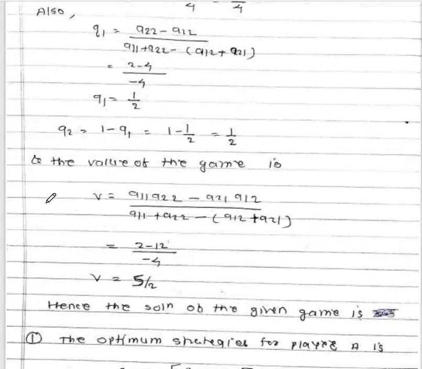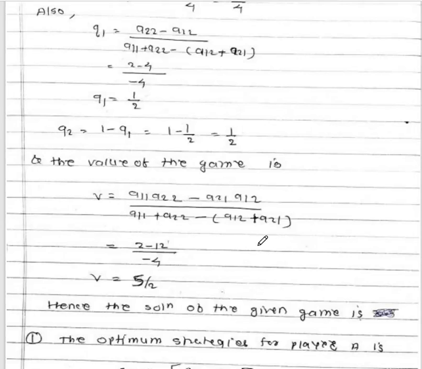Now finally we will find the value of the game V, which is given by the formula A11 A22 minus A21 into A12 divided by A11 plus A22 minus A12 plus A21.